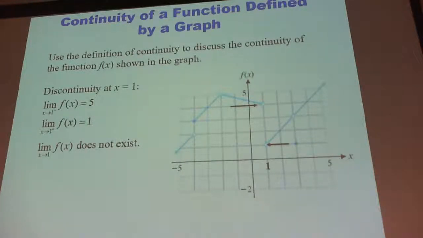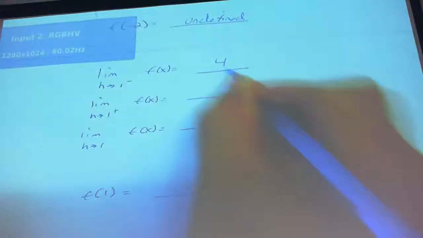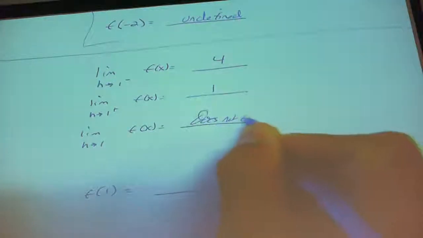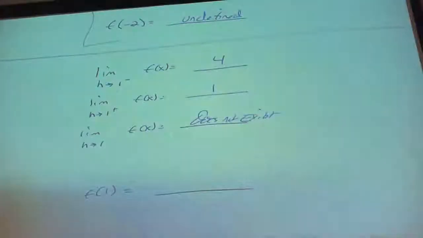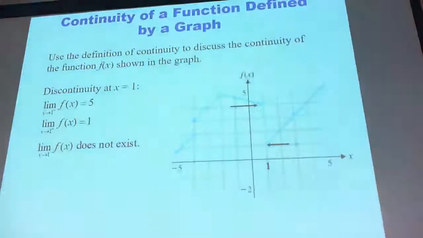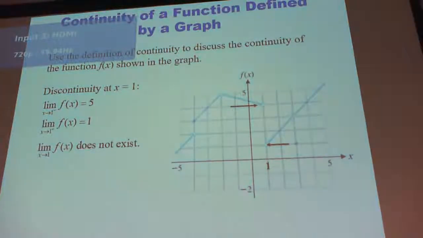Okay? So if I go back to the paper, this is 4, 1, does not exist. So we already have a problem. We know it's not continuous. Then we take it one step further. We can also check what happens when you plug in 1. Can you plug in 1? Why? What do we have at 1?